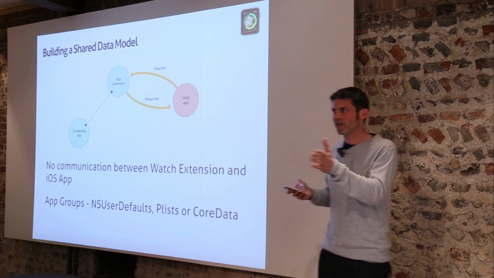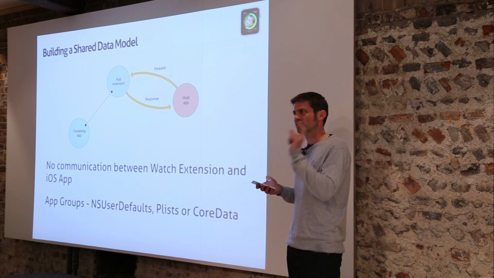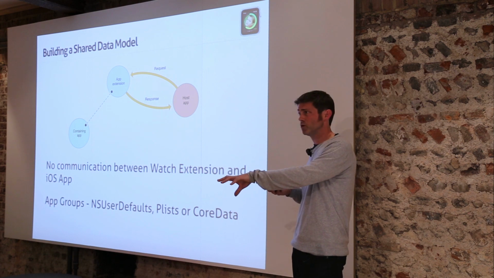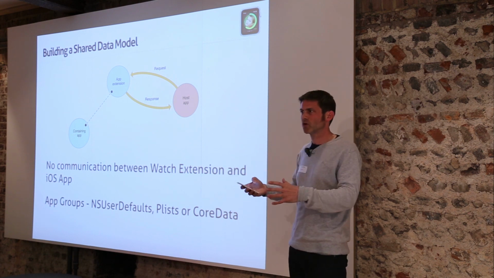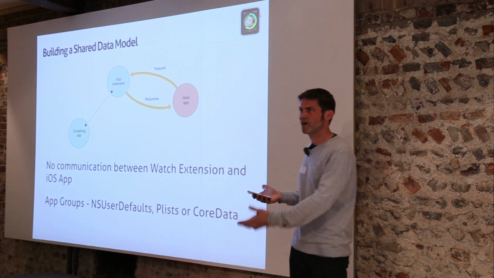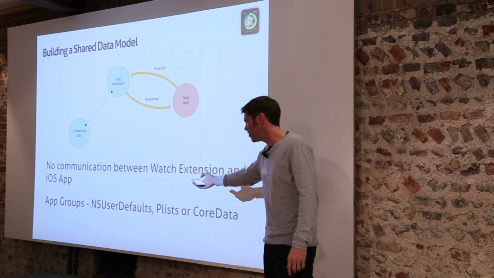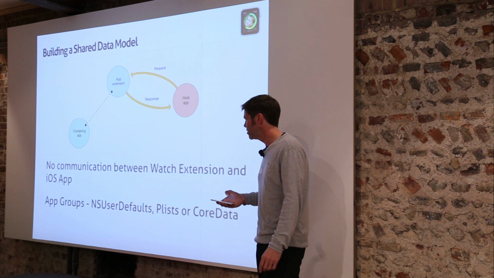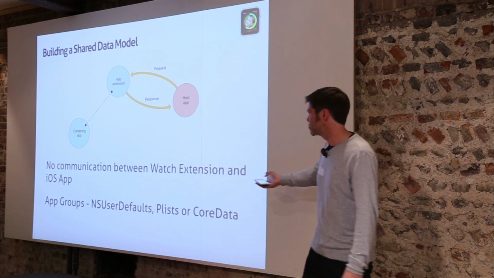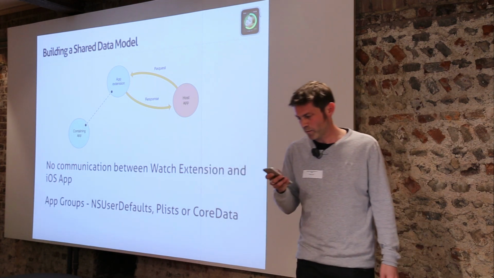Basically, you're defining a kind of shared data store, like a sandboxed folder. So you can write from both apps to the shared folder via the sharing options that we're used to, like NSUserDefaults, plists, or Core Data.